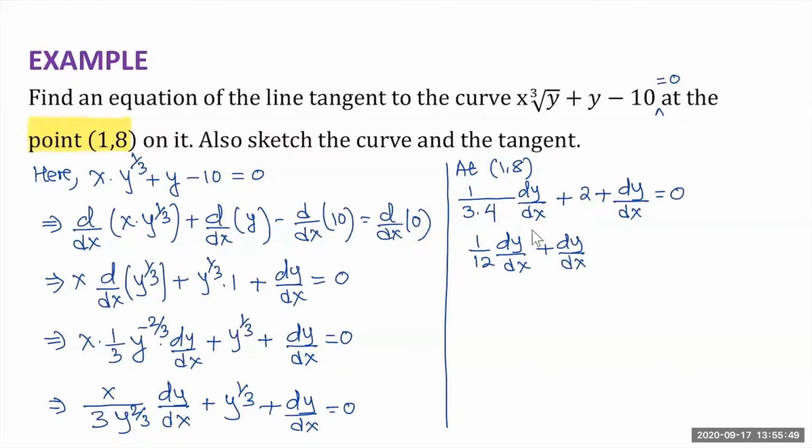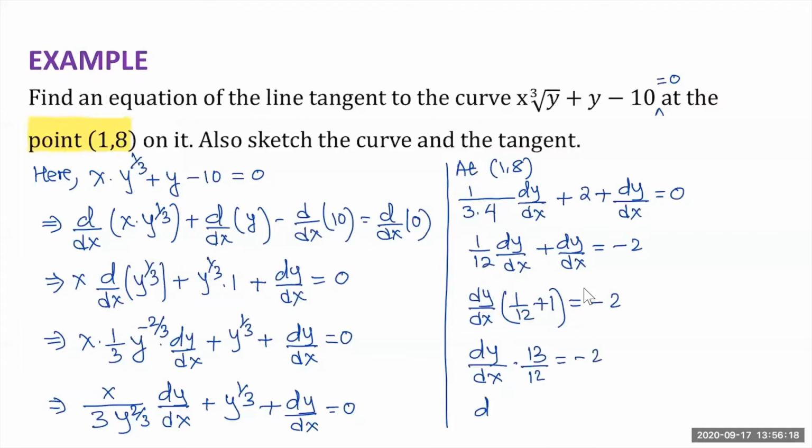And if you move this 2 to the other side, -2, because I want to find dy over dx, factor that dy over dx out. You get 1 over 12 plus 1 equal to -2. Then dy over dx multiplied by 1 over 12 plus 1, that is 13 over 12, equal to -2.